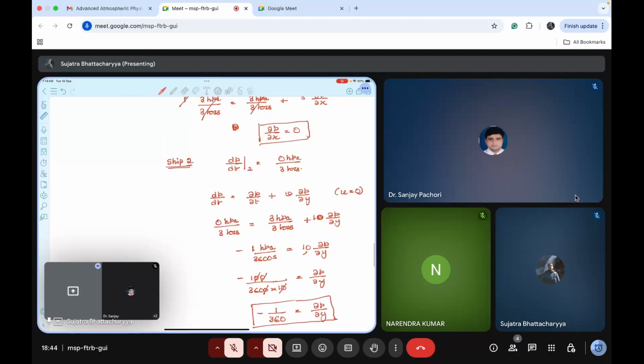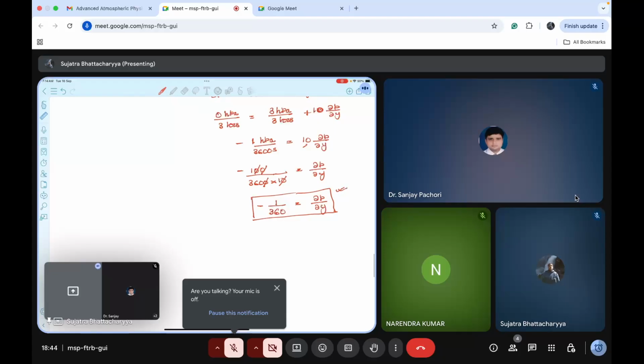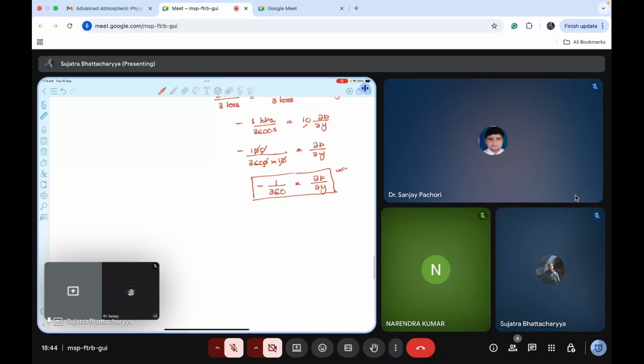So in one case, we have got ∂P/∂x equal to 0. In the second case, we are getting ∂P/∂y equal to minus 1 by 360. Now can we calculate the geostrophic wind? Yes, because for the geostrophic wind, what we require is the pressure gradient. And we have got it.